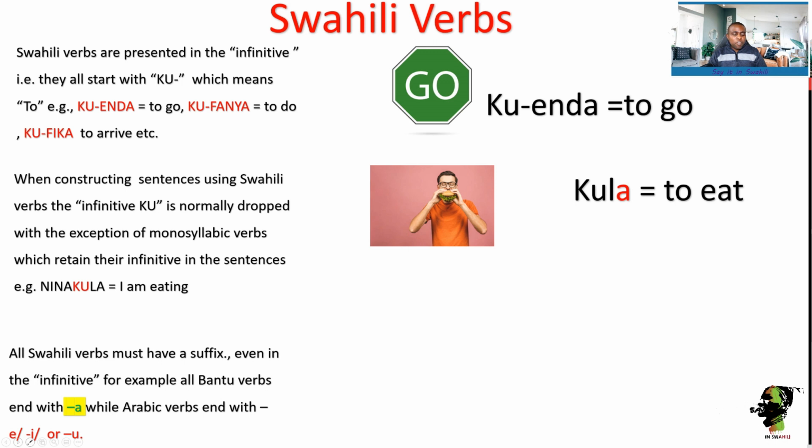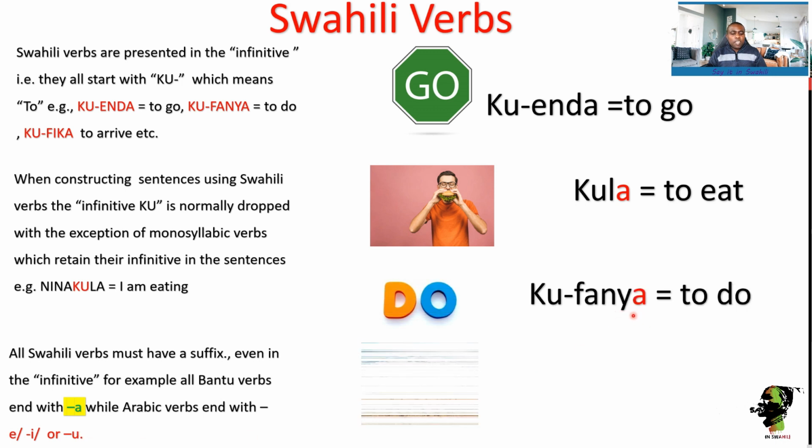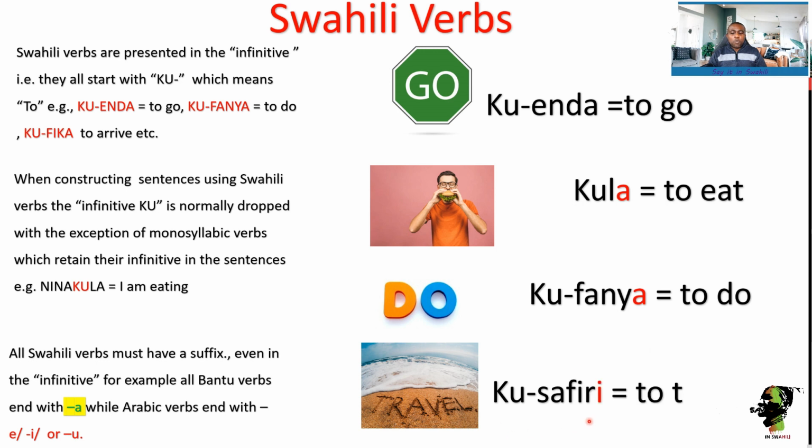But Arabic verbs end with the suffixes e, or u. For example, kufanya is a Bantu verb, but kusafiri is an Arabic verb.